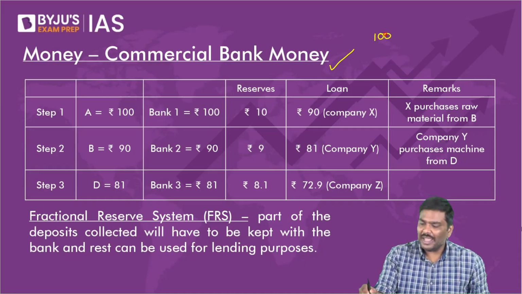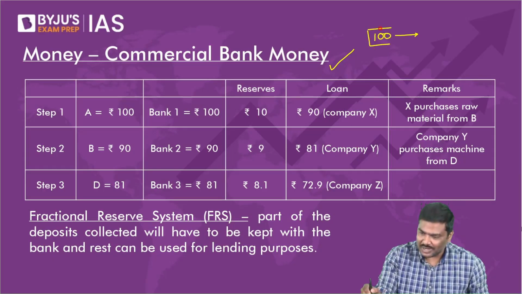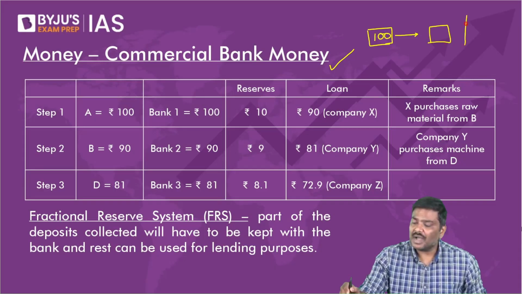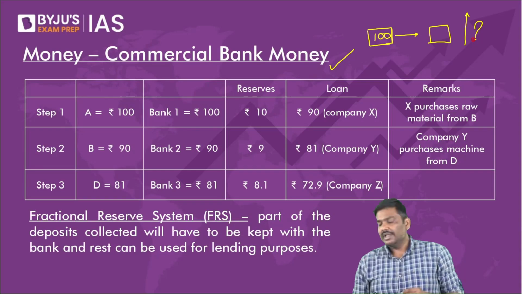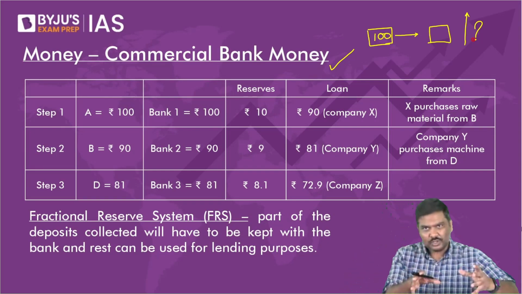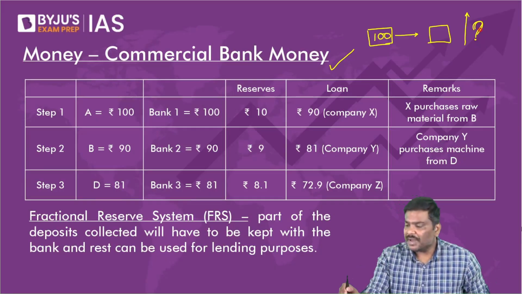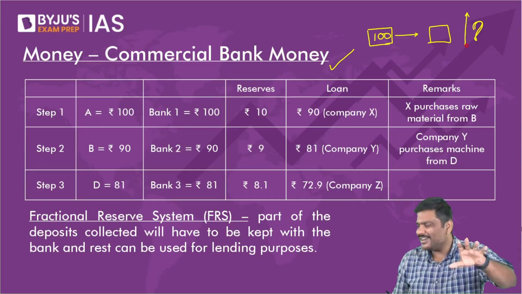Now, the question is, if RBI prints 100 rupees and supplies it to the economy, overall money supply will change by how much?